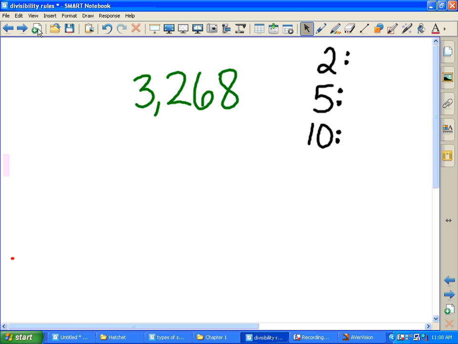Does the rule for 5 say anything about one being even and one not? The rule for 5 says that the ones digit has to be a what? A 5 or 0. And is 8 a 5 or a 0? Oh. So that's your explanation. It's not divisible by 5 because it ends with an 8. Say it. It's not a 5 and it's not a 0 in the ones digit. Very good.